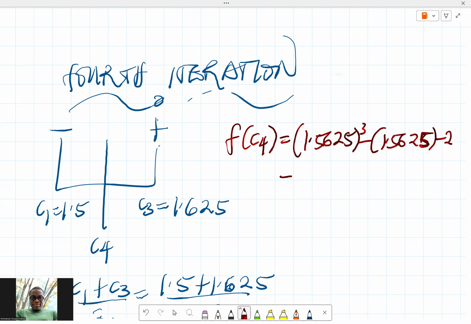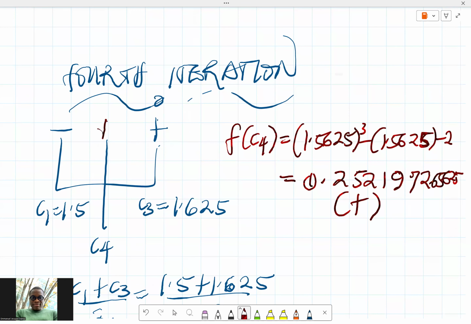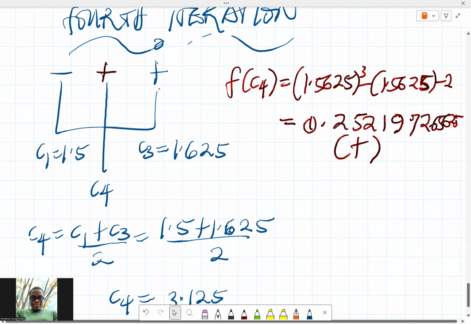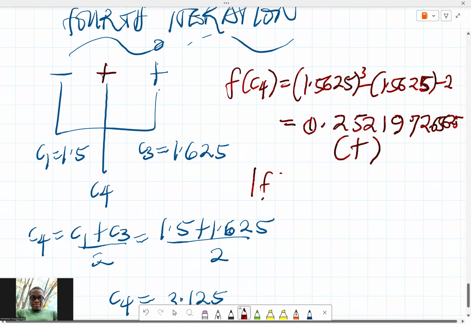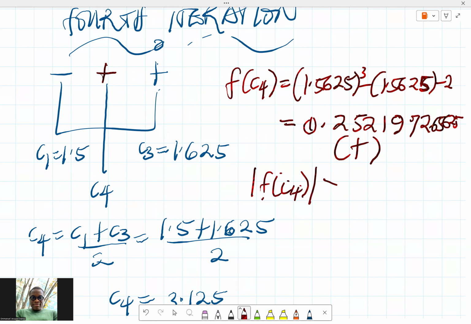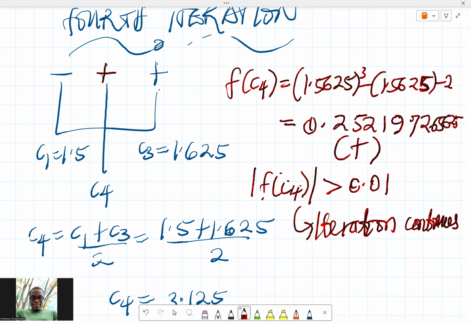In this case, that gives us 0.252197265625. And this is positive. And then you see that the absolute value of f of C4 is still greater than 0.01. So we have done the 4th iteration. Iteration continues until we have f of C something that is less than 0.01.